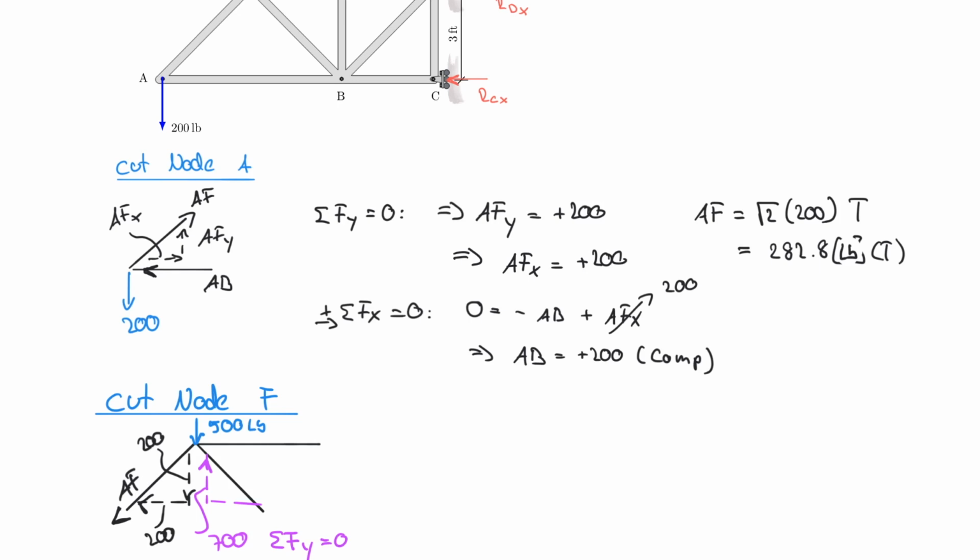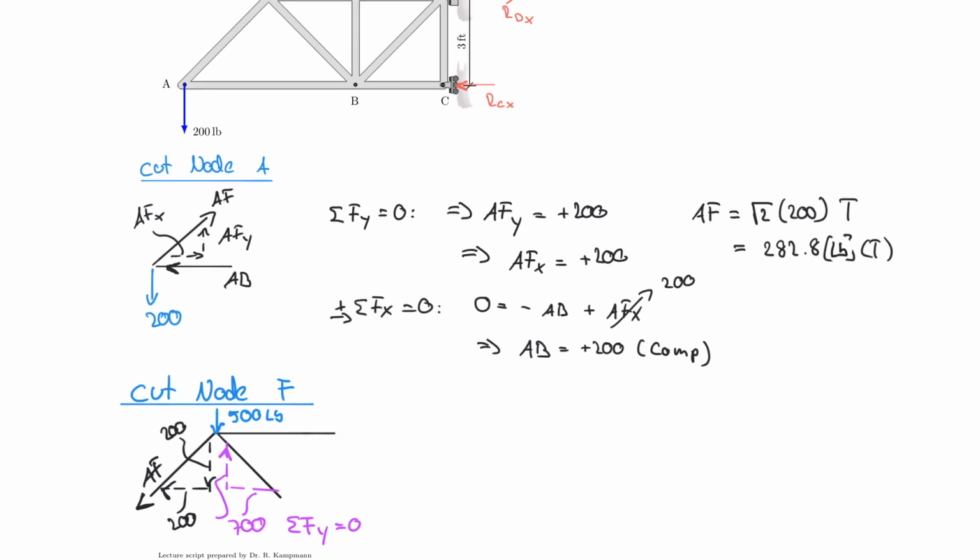And now I'm still dealing with a 45-degree triangle there. So the distance from here vertically down was 3 feet, and then from here to the right was also 3 feet. So therefore, I know that all my numbers here are also 700. So it's pushing in that direction. And the last thing that I know now is that it has to be in compression. And if I'm not mistaken, this member was called BF.